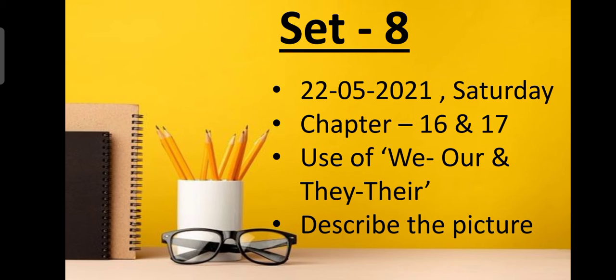Children, we, our and they, their are also pronouns. And our is showing possession for we and their is showing possession for they. Okay. And in chapter 17 we learn to describe the picture, and the use of can and cannot.